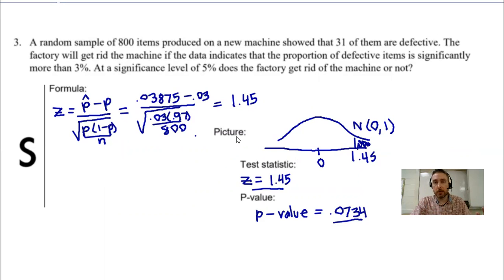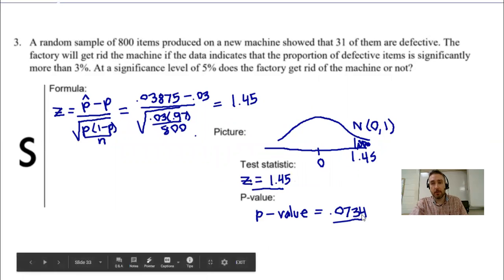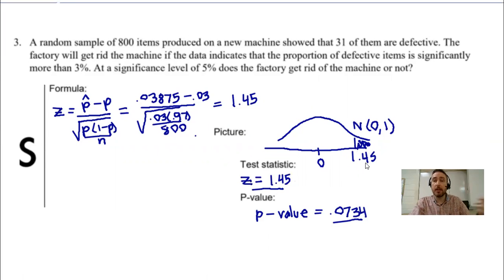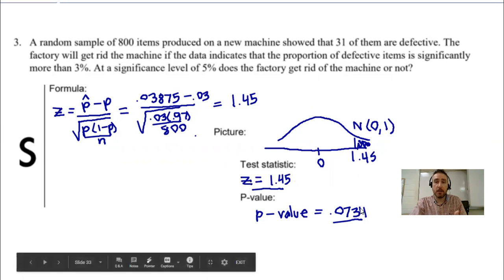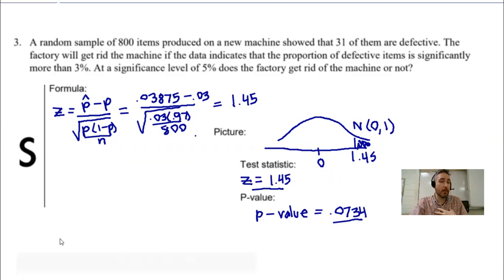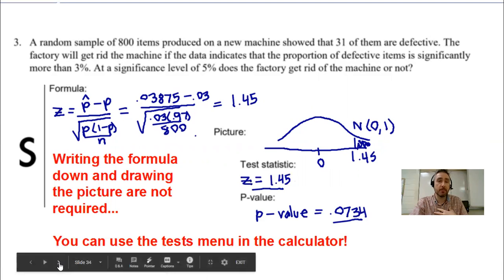This says to draw a picture of it. So if you were to draw a picture, a standard normal curve with z as your mean, that z-score 1.45 or greater. The probability of getting that is your p-value. Again, the probability of getting a z of 1.45 or greater is your p-value in this case. Now I don't go through all that process. Again, I run the test.